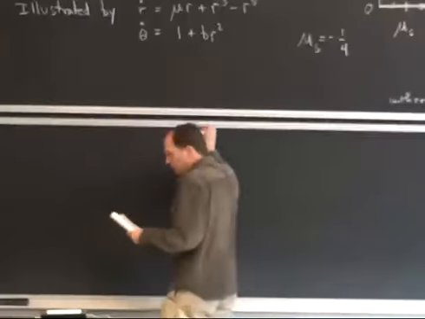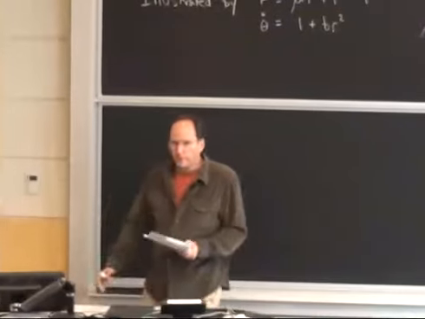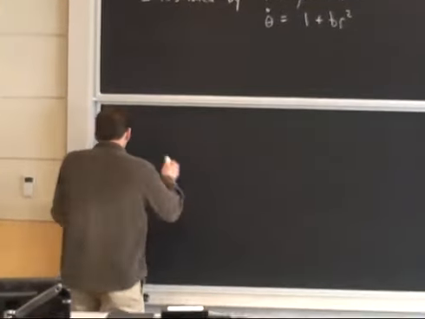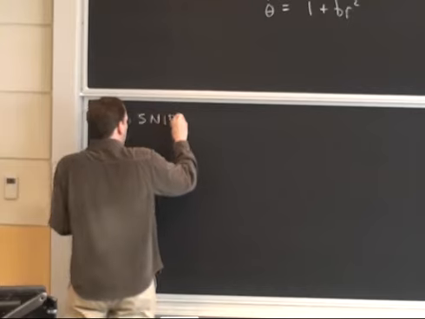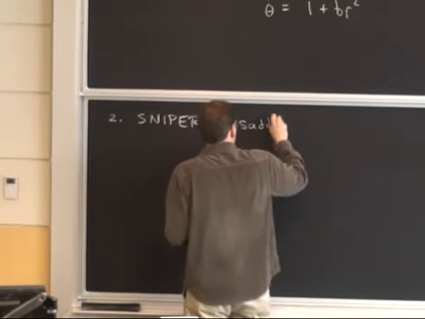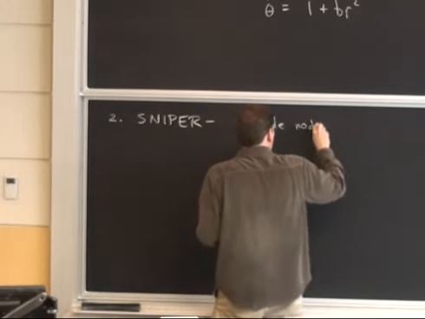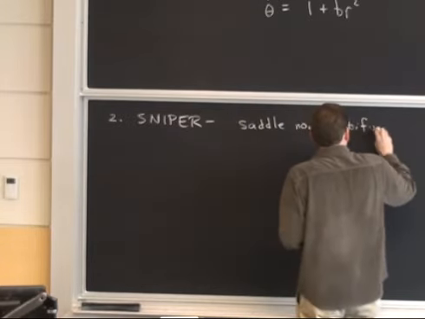So let's look at it in some detail now. There's 2 kinds of infinite period bifurcations, so this is one of them. Sniper for saddle node infinite period bifurcation. Or you can think of it as a saddle node bifurcation.